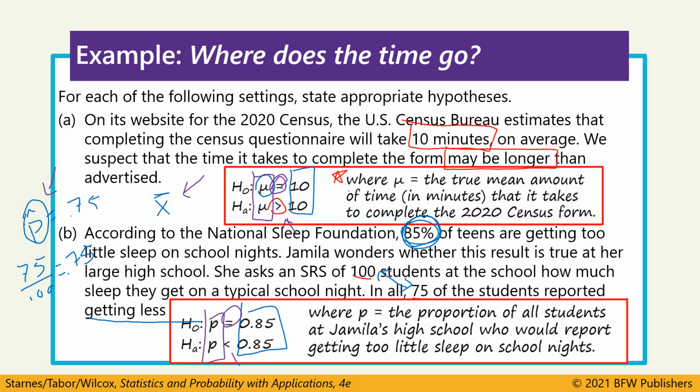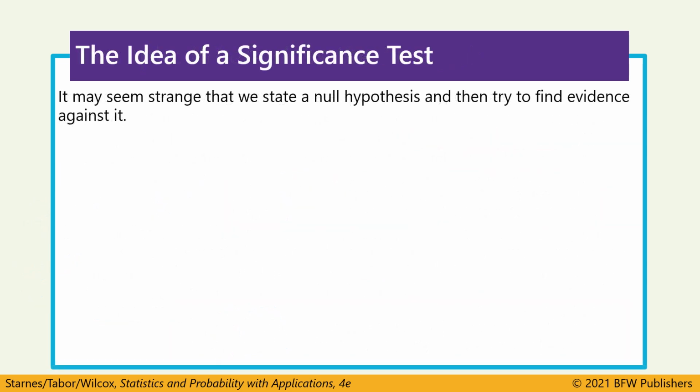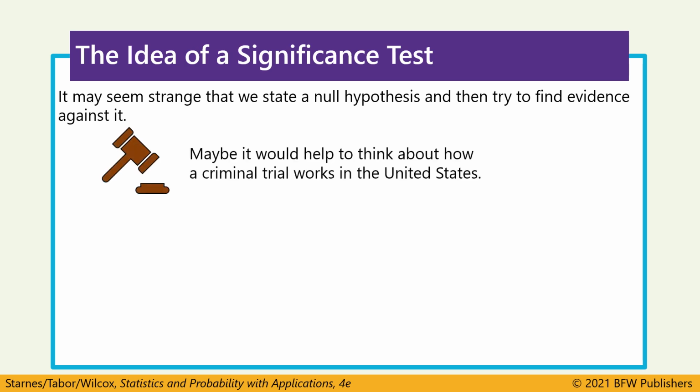One of the things that initially seems strange about a hypothesis test is that we have a claim that we're trying to find evidence against. However, this is something that we see time and time again in society. Think of it as a criminal trial, a jury trial. We start off with an initial claim, an initial hypothesis, and that hypothesis is always the same.